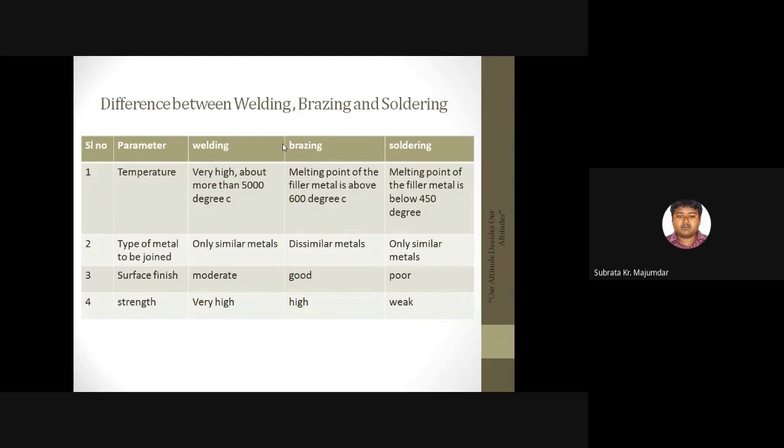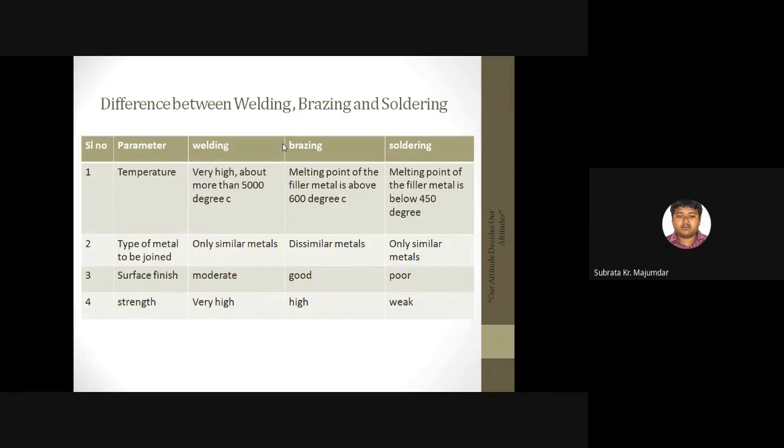Basically, a soldered part cannot be used where high impact strength must be retained. If a part is required to retain high impact strength, then we cannot choose soldering, because solder is a very soft joint compared to the other two. That's why it cannot retain high impact strength.